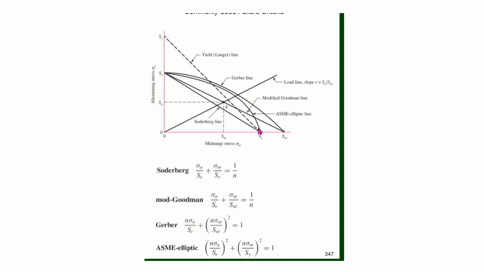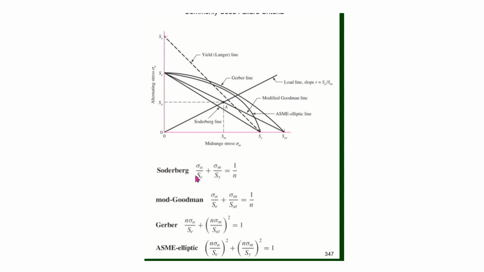And then we have two other curves. This one here is called the ASME elliptic line, and here we have the Gerber line, this curved line here that also goes to the SUT. These expressions down here are the equations of these curves.